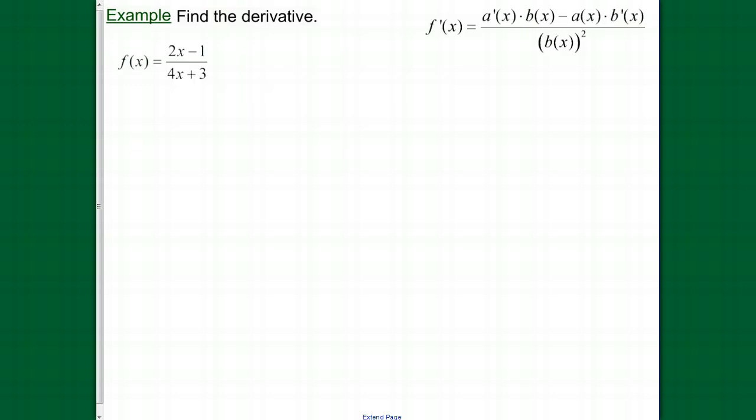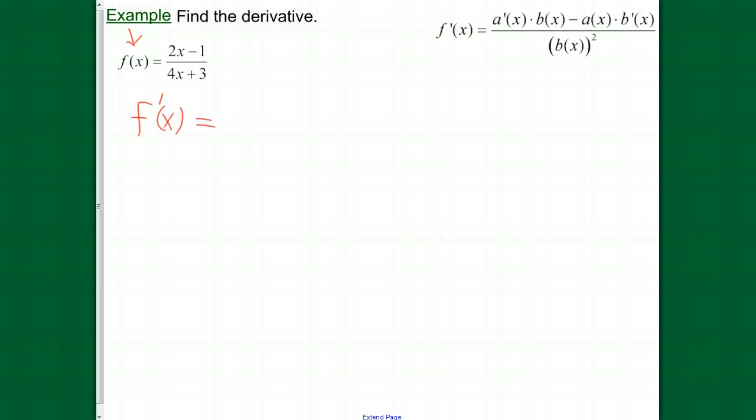So let's work through a basic example here. We're looking at the function f of x in the upper left. We have a linear function over another linear function, so this is a rational function. I put the quotient rule up here just as a reference. When we go to find the derivative, f prime of x, a prime of x is the first thing.